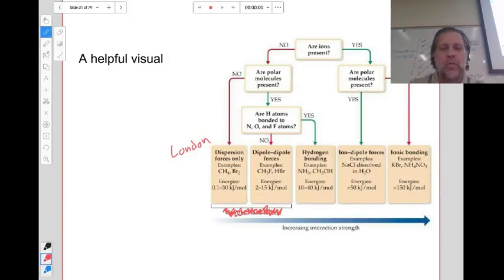We're just okay with this scale of going from left to right, which gives us the weaker of the intermolecular forces all the way out to the stronger. So London dispersion forces are the weakest force. Ionic bonding is the strongest because the electrons are actually transferred. Does that make sense? Okay, cool.